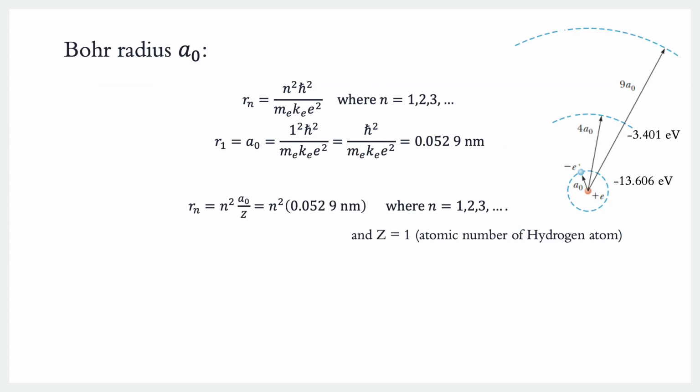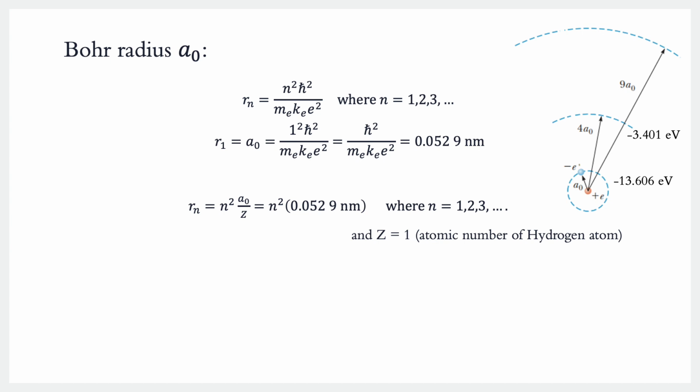So the orbit with the smallest radius, called the Bohr radius a naught, corresponds to n equal to 1 and has the value 0.0529 nanometer.